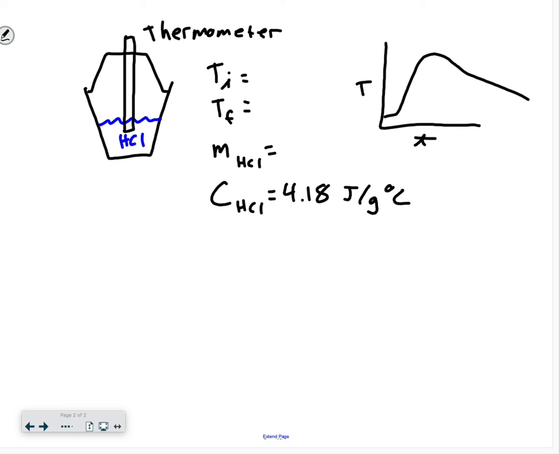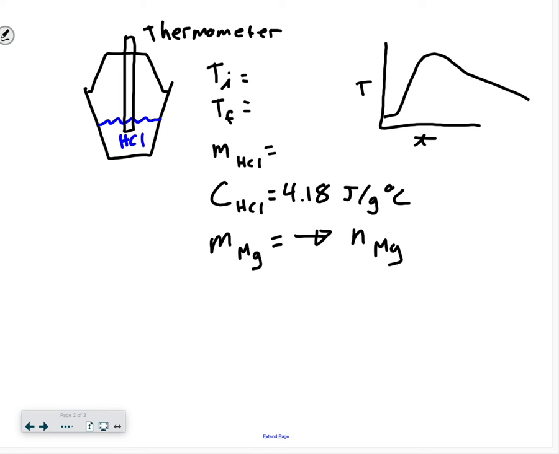And we'll also have to know the mass of our magnesium. This is for that first magnesium equation.